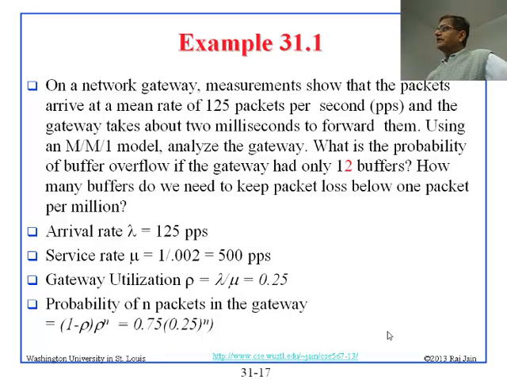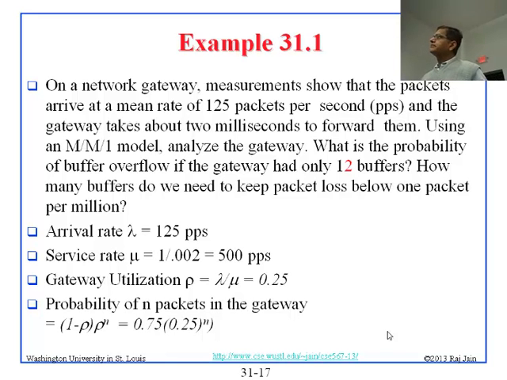Now this is an average number, even though it says about, actually all we are saying is it takes a mean of 2 milliseconds to forward them. Using the M/M/1 model, analyze the gateway. In particular, tell me what is the probability of buffer overflow if the gateway has only 12 buffers. How many buffers do we need to keep the packet loss below 1 per million? Right, so let's do it one at a time.